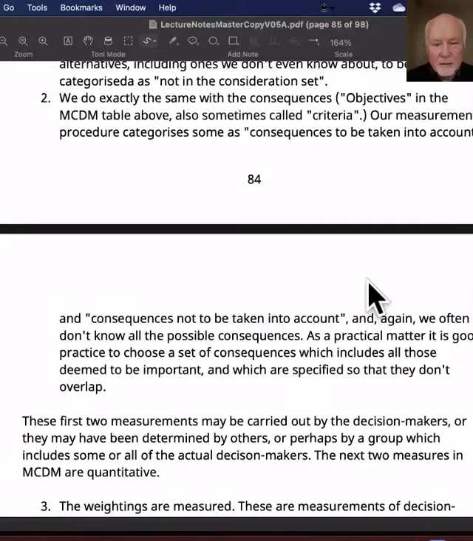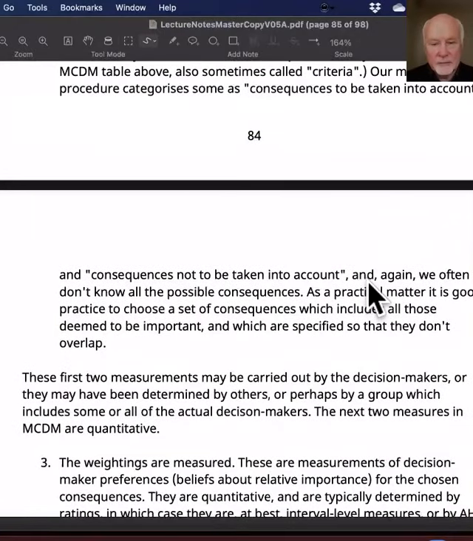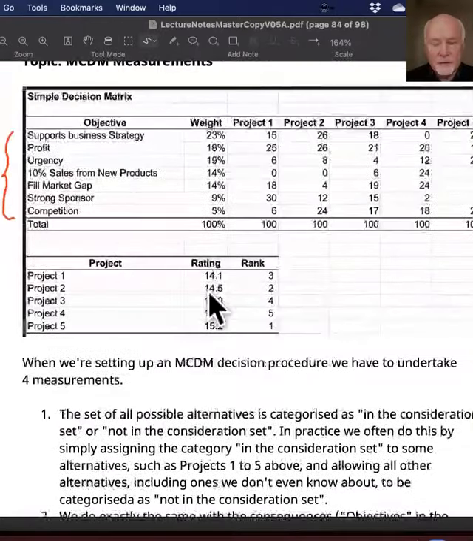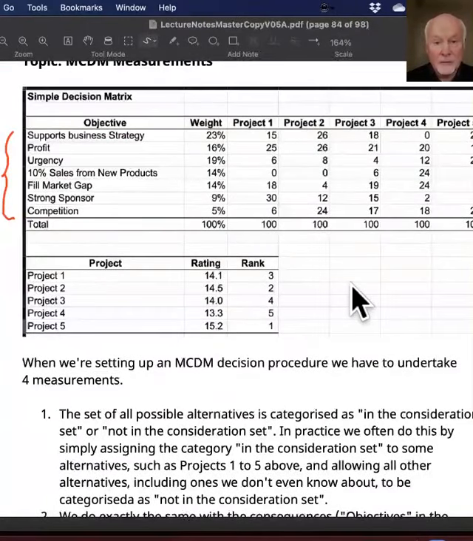So that's a categorical process, and we'll talk a bit in a moment about some of the ways you can go about that measurement process in practice. There are situations where you have to do this kind of decision-making procedure, and somebody, usually somebody above you or to the side of you in the organization, has already decided what projects are going to be considered and what the objectives or criteria, the consequences, are.